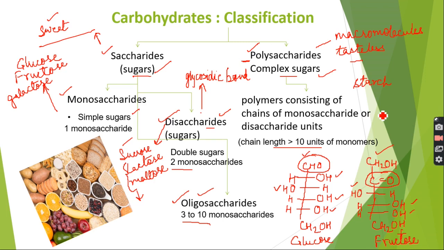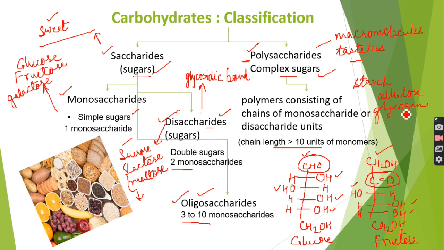But as I mentioned, other polysaccharides are, let's say, cellulose, a very common polysaccharide found in every tree and plant, responsible for the erectness of trees and plants. There is another polysaccharide, glycogen, similar to starch, found in the animal body. Starch is the one we are going to use as a sample today.